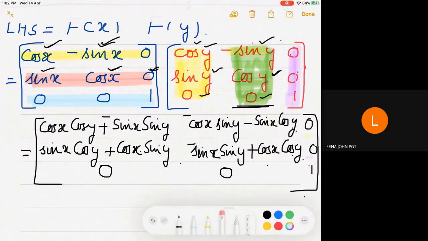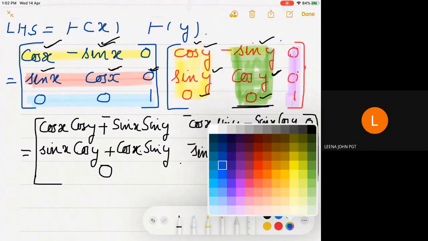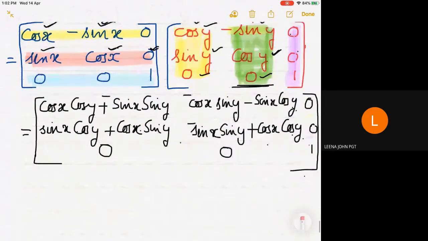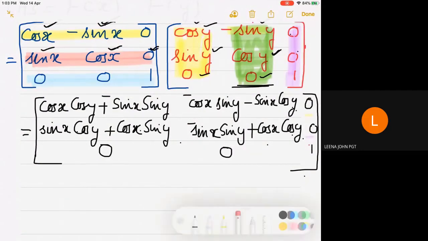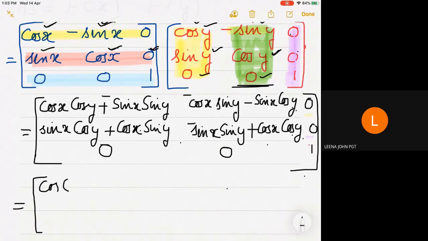Now you have to just apply some of your trigonometric identities. Which trigonometric identities are there here? You can see here cos x cos y minus sin x sin y. Cos x cos y minus sin x sin y, as you know, is cos of x plus y.